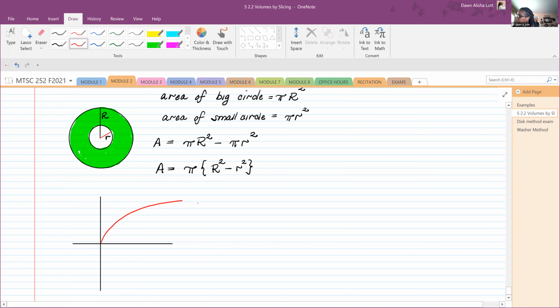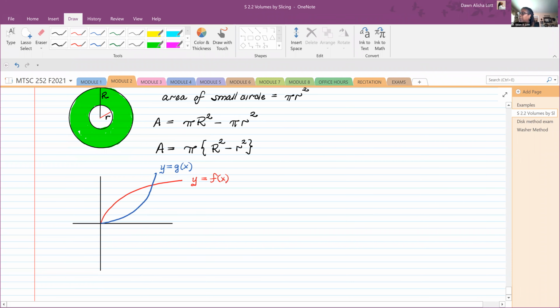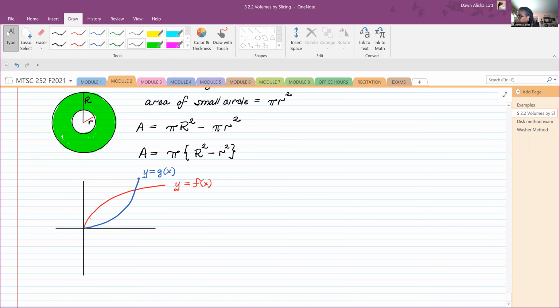This is y equals f of x. And then I have another function, and this is y equals g of x. And so the region inside is what I'm concerned about. So here is my region.